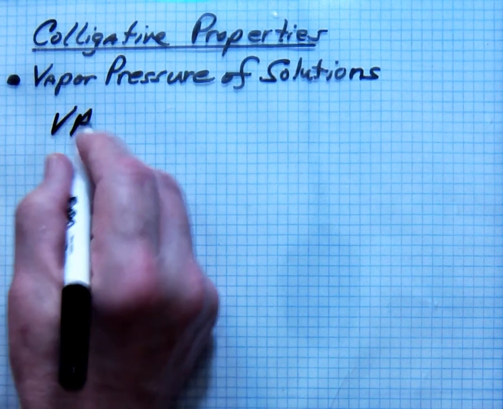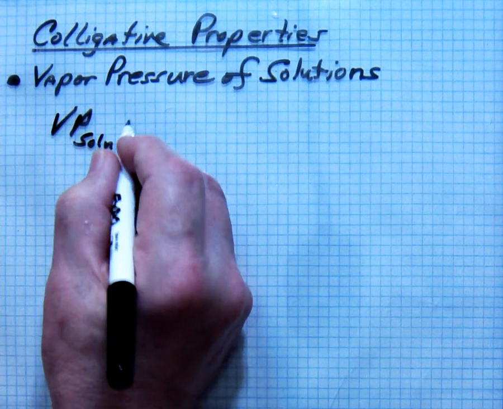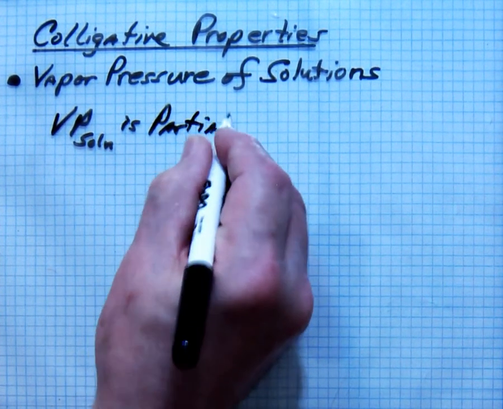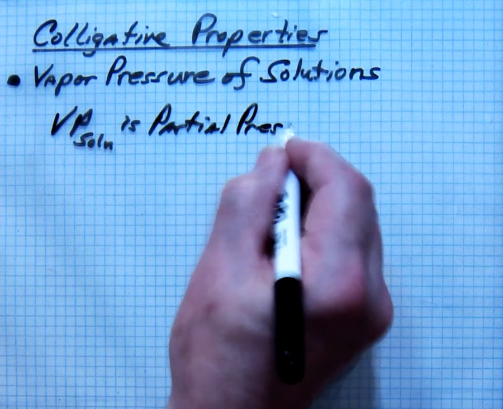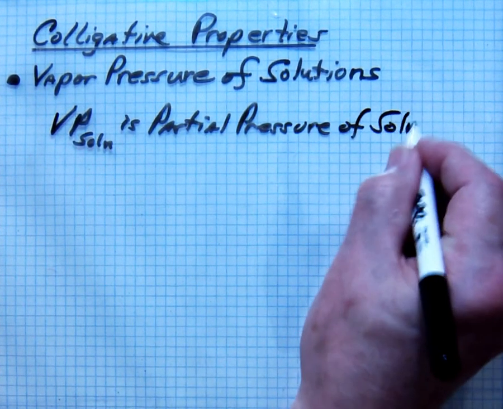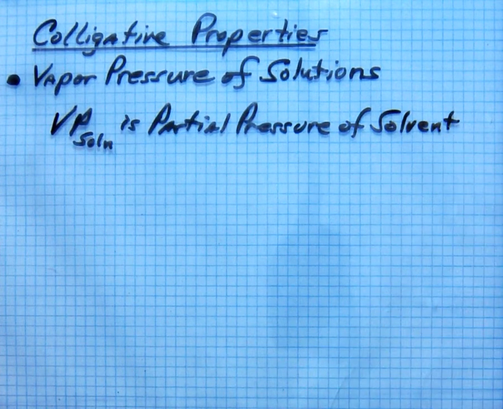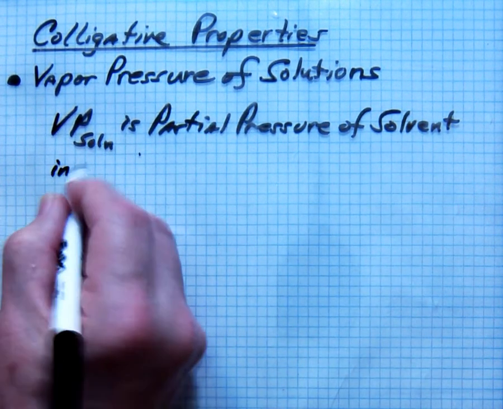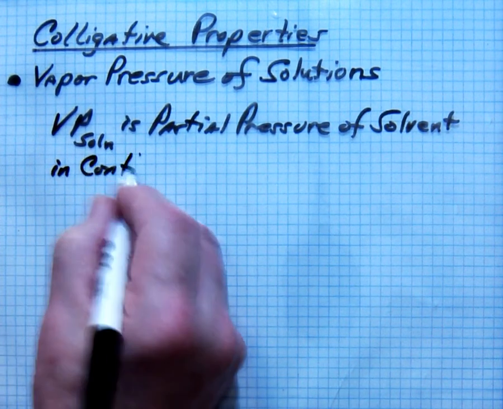It is the partial pressure of solvent as it begins to evaporate. The solute is not coming out of the solution, so it's going to deliver the solvent only into the vapor phase.